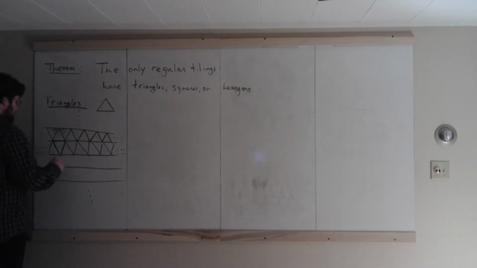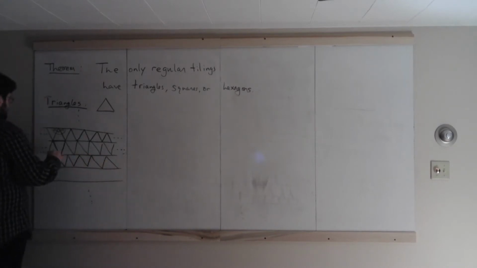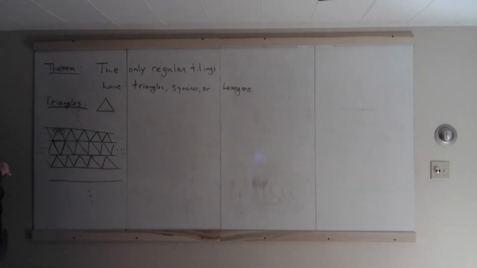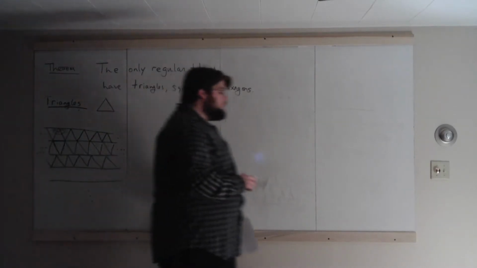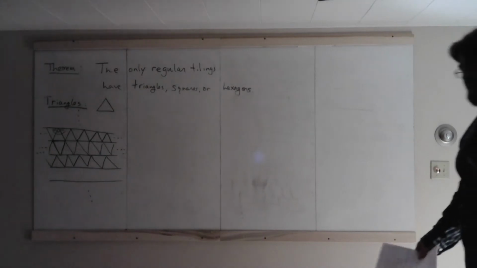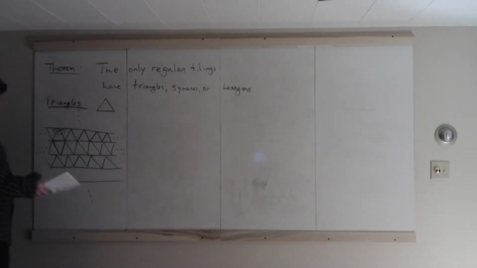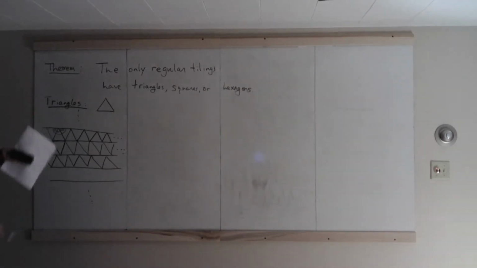Now what about down here? What if we just did like this? Would that work? Well, sure, it would be a tiling. But would that be a regular tiling? Well, you might suspect it is not.